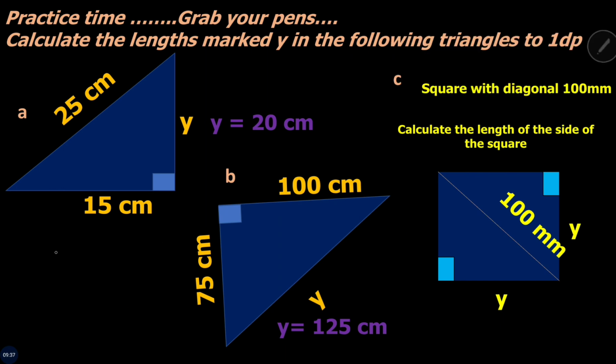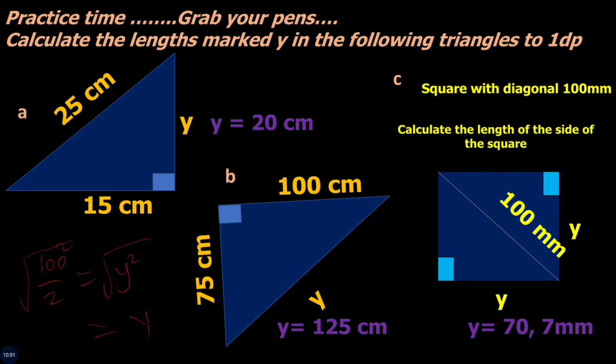So we ended up with 100 squared over 2 is now equal to y squared. So we can take the square root of both sides, and we get y is equal to 70.7 millimeters.